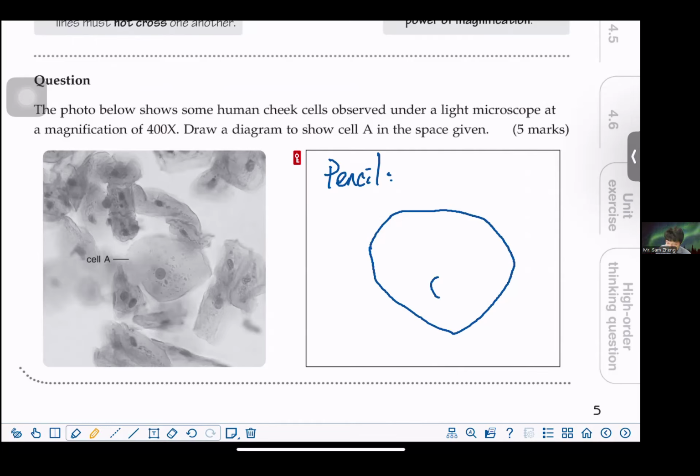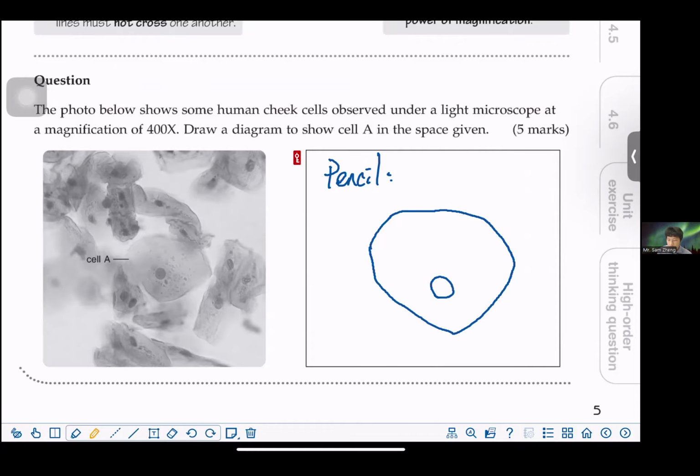Next, there is a nucleus, and you can see there are some dots in between the nucleus and also the cell. In this case, these are some stain or maybe some bubbles, so you do not need to draw those parts.